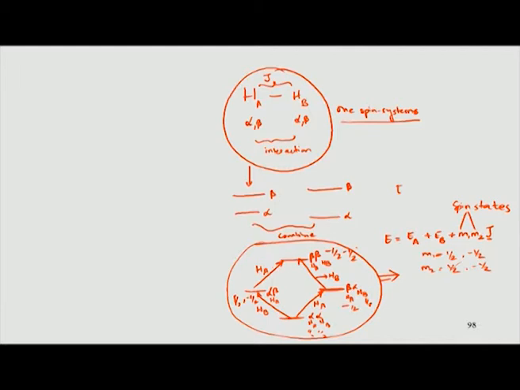If you look at this picture on this side, if I draw a line here and look at this energy level, this is E A plus E B plus M1 M2 J, but M1 and M2 both of them are plus half, and therefore this total adds up to a value of J by 4, half into half into J. So, this basically becomes E A plus E B plus 1 by 4 J.